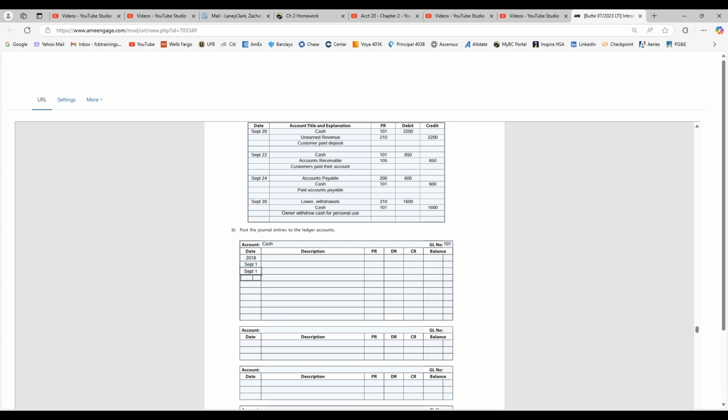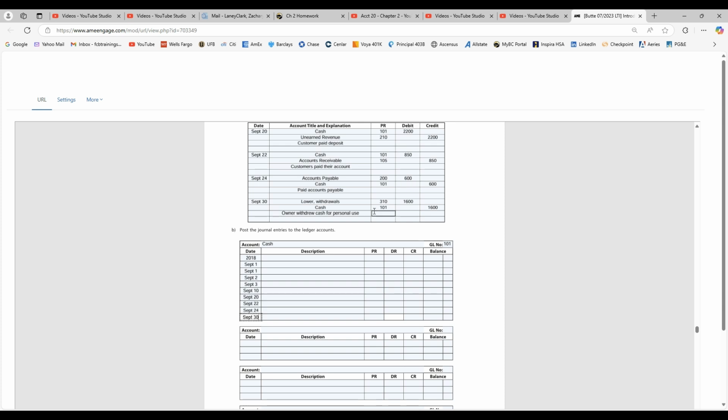I'm going to go through and put the dates in here real quickly. And note that this kind of work is much easier in Excel, for example, or if you had any actual accounting software, this would all just happen automatically.